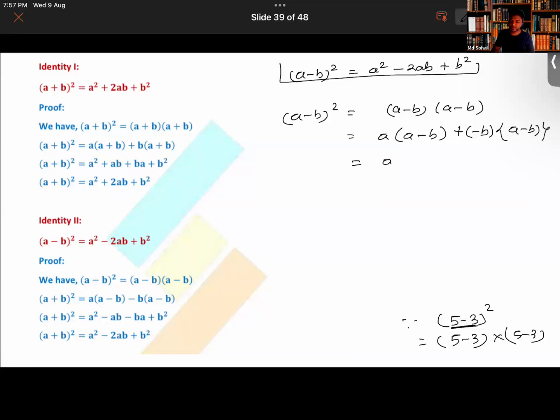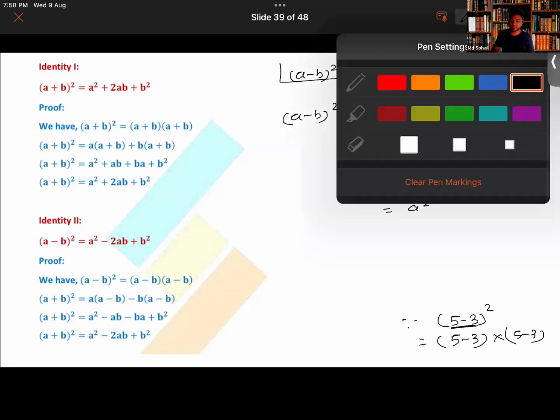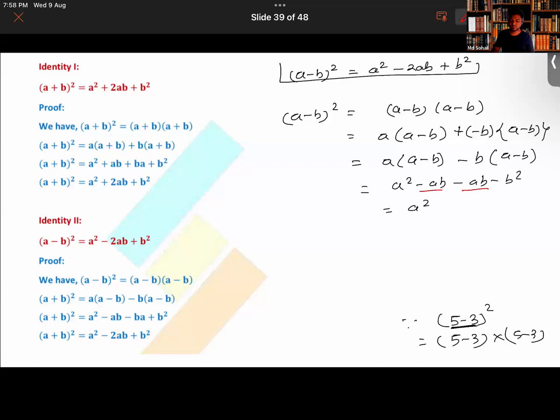So further it is A into A minus B plus minus minus B into A minus B. So you basically simplify it further. Here it becomes A square minus AB and minus AB, like minus 5a minus 5a, that is equal to minus 10a.